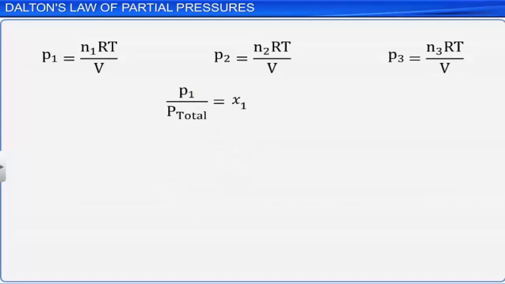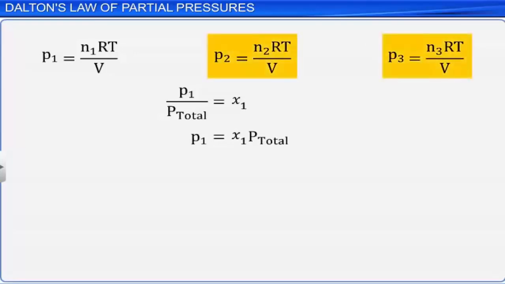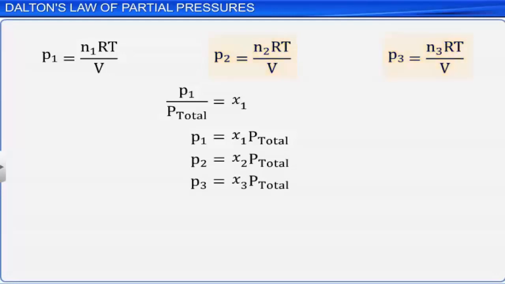Similarly, for the other two gases, we can express partial pressures as P2 equals X2 multiplied by P total and P3 equals X3 multiplied by P total. Thus, a general equation can be expressed as Pi equals Xi multiplied by P total, where Pi and Xi are the partial pressure and mole fraction of the ith gas respectively.